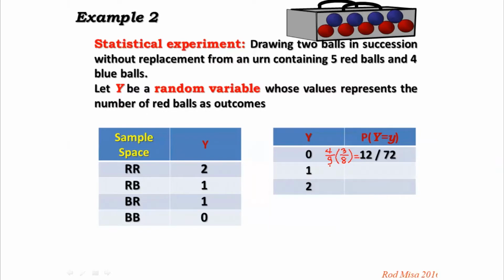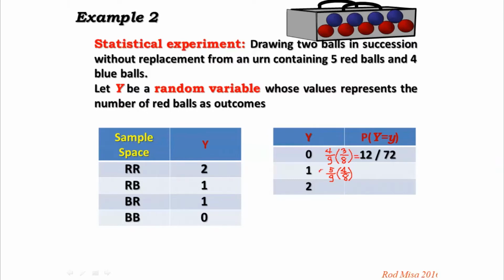But the value of the random variable Y which is 1 has a probability that is obtained by drawing exactly 1 red ball. And drawing a red ball from this urn is 5/9. And this will be multiplied by the probability of obtaining a blue ball from this urn. There are 4 blue balls out of the 8 remaining balls in the urn since we don't replace the ball after the first draw. But remember, obtaining exactly one red ball can occur in two ways.